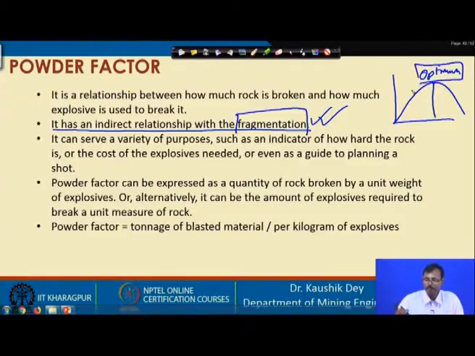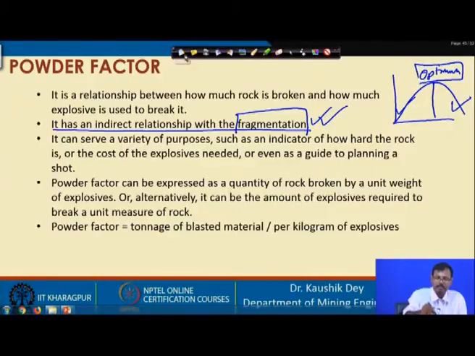That means the fragmentation is not satisfactory in this position, and not satisfactory in this position either, and in this position the charge amount becomes satisfactory and we achieve the optimum fragmentation.